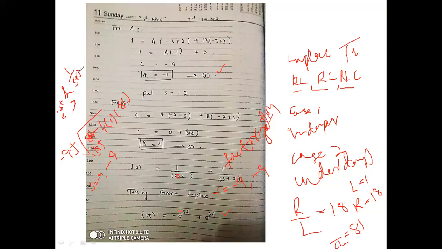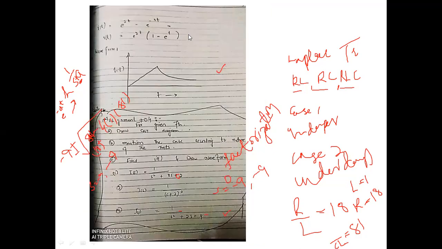So by this relation, we can say that if the a is minus, then in the Laplace transform, this must be plus. Okay, because these two signs are opposite. So if this is plus, this must be minus, and again if this is plus, this must be minus. Okay, so here we have I of t. Okay, so the waveform for the overdamped is just like this.